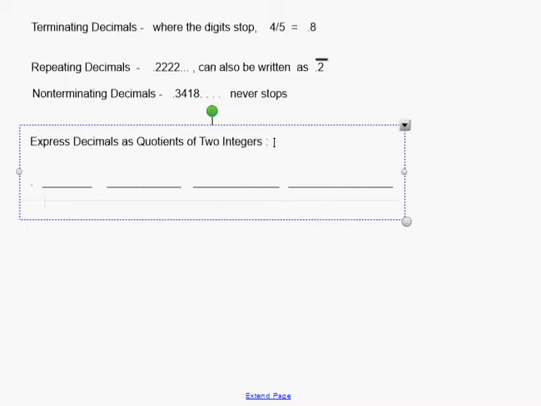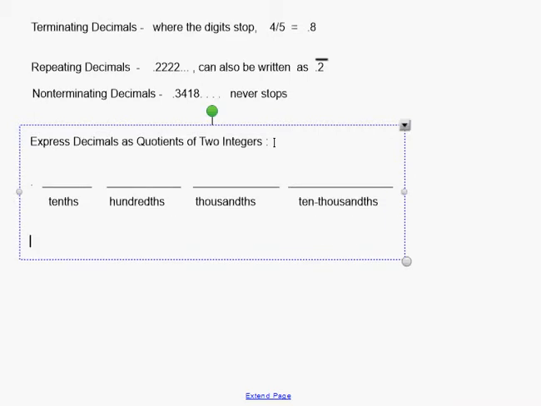The first place to the right of the decimal point is tenths. Then we have hundredths. Then we have thousandths. And then we have ten-thousandths. We keep dividing by 10 and get additional place values.